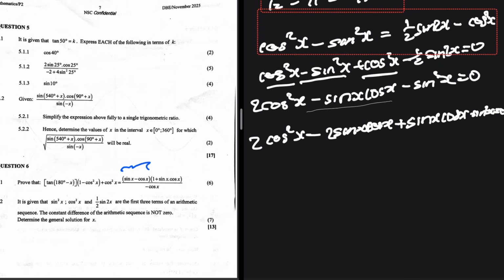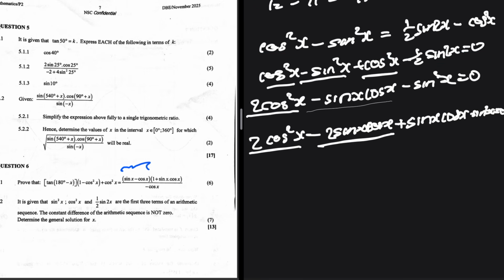So I separated our middle term in such a way that I will have a common factor of 2 cos x with the first two terms, and a common factor of sine x with the last two terms, right?